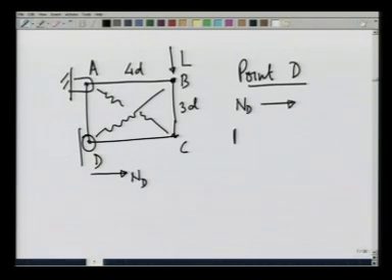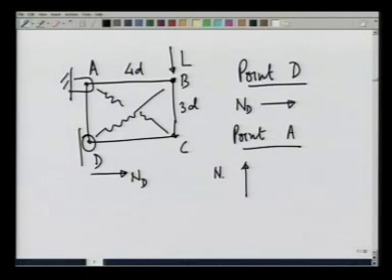On point A, there is going to be a reaction in the vertical direction. Let us call it N a y, and in the horizontal direction N a x. This is if I consider the entire system as a whole.